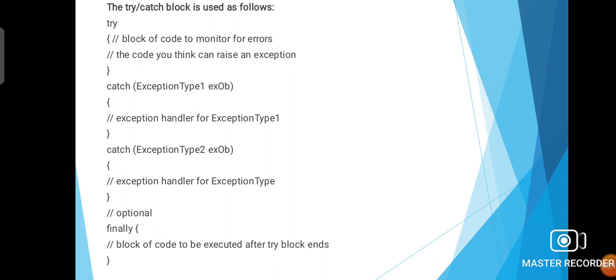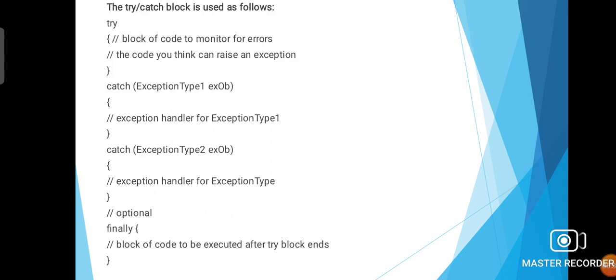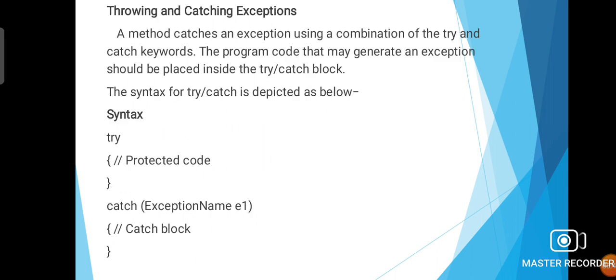Finally is optional, and finally always will execute. That is, whether the exception occurs or not, the code under the finally block will be executed. So the concept is, whenever an exception occurs under the try block, the corresponding catch block will be executed.